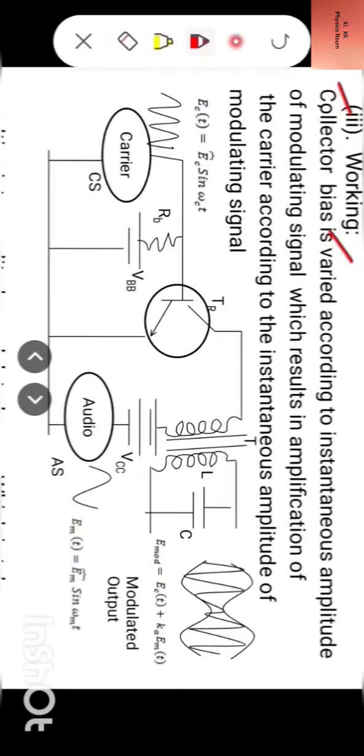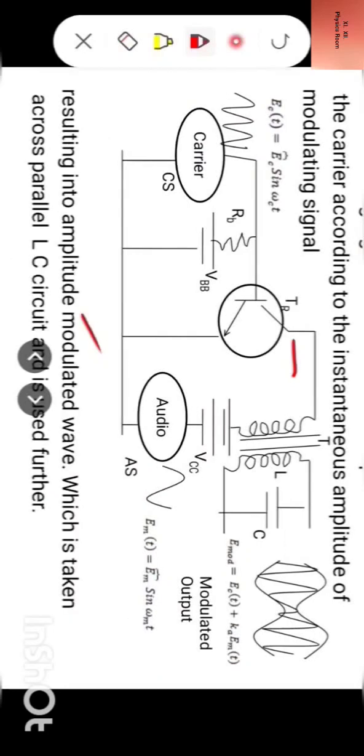I repeat, this collector bias is varied according to instantaneous amplitude of modulating signal, which results in amplification of the carrier according to the instantaneous amplitude of modulating signal, resulting into amplitude modulated wave, which is taken across parallel LC circuit and is used further for amplification and power raising and then transmission to antenna. And here we have the modulated output, E mod is equal to ECT plus KAEMT.